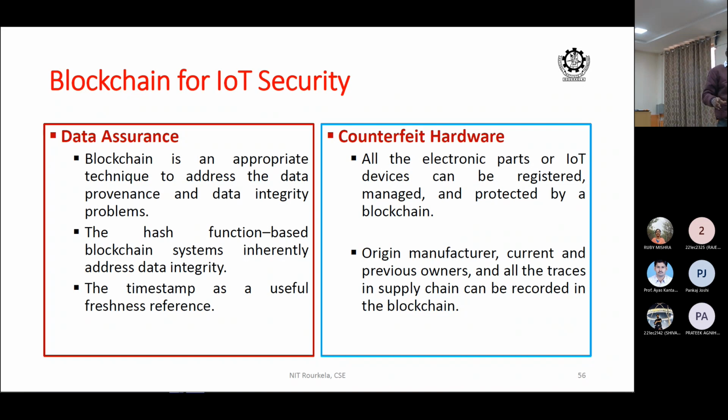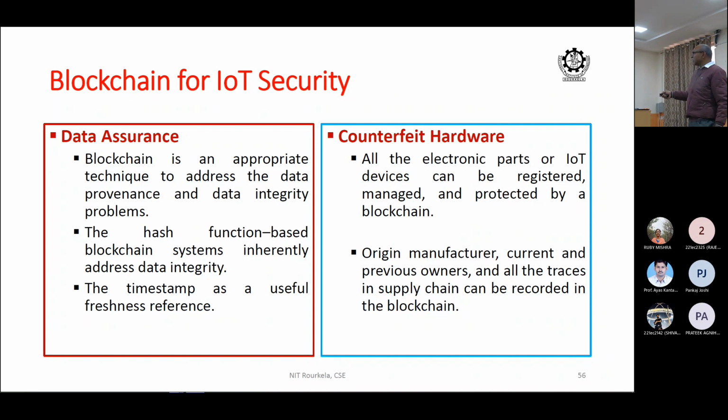Any user or any customer can immediately get the information from the blockchain, whether this device is genuine or a counterfeit. So all electronic parts and IoT devices can be registered, managed, and protected by the blockchain. Once the device manufacturer puts the entire identity of the device in the blockchain, anyone can look at the identity of the device. So no counterfeit device can get into the system.